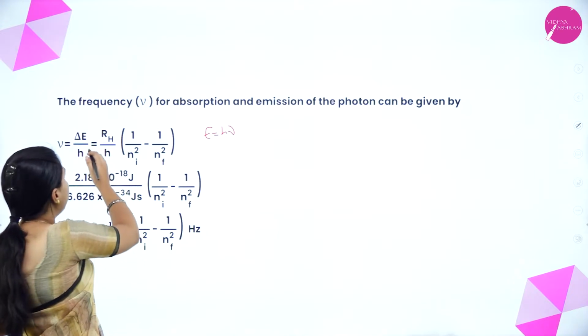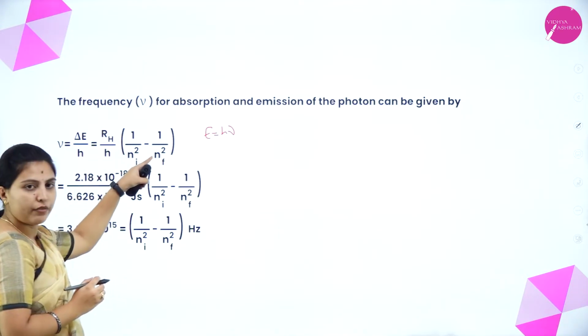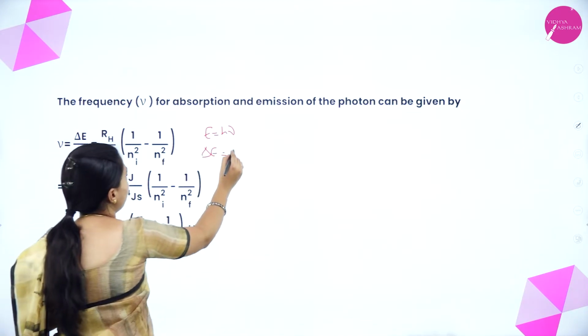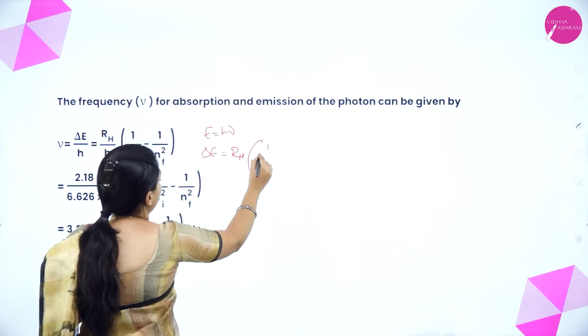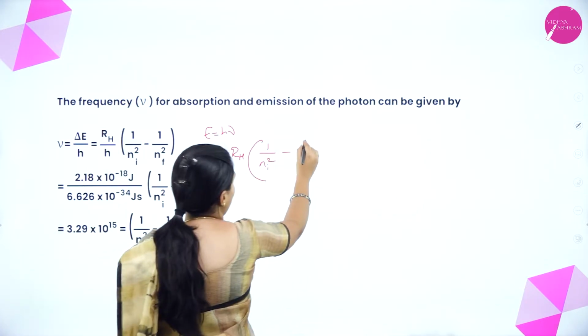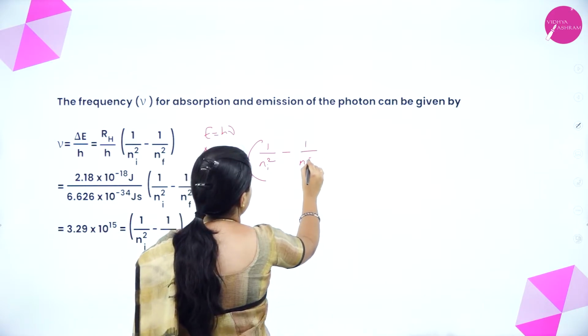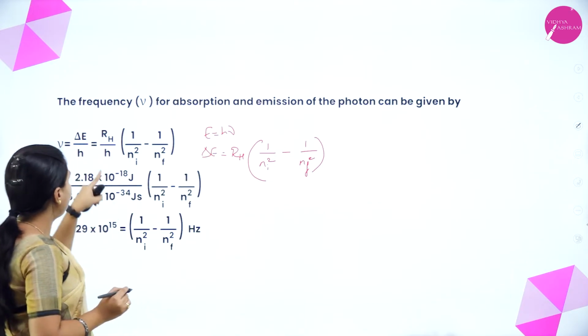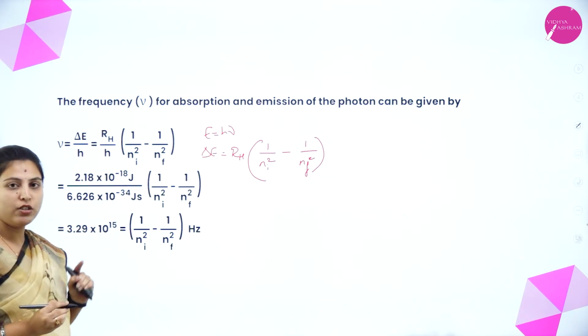Delta E is RH times 1 by Ni square minus 1 by Nf square. The h is Planck's constant.